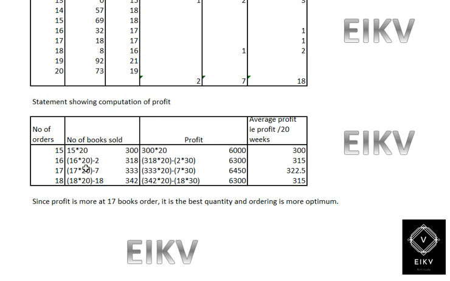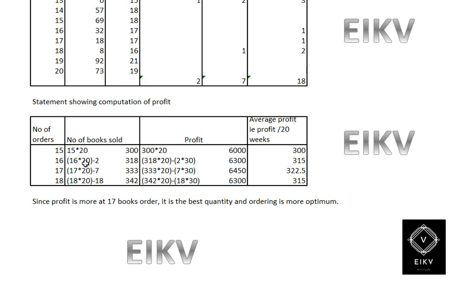Okay, the second one we have 16, so when we take here 16 we have the 2 books which are unsold, therefore we have 16 into 20 minus 2 will give you 318 books. Okay, 16 into 20 minus 2 is the return books, therefore over here it is given as 2, right?